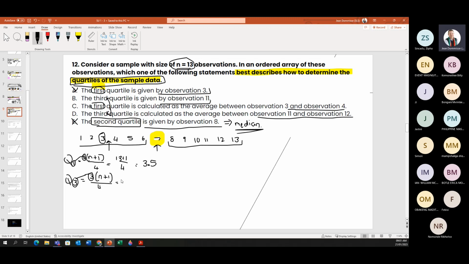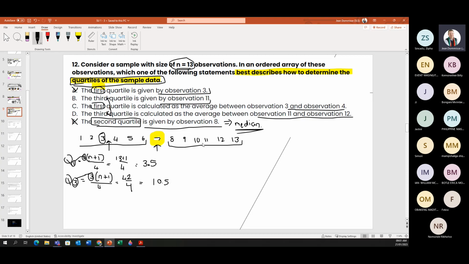Okay, so we know it's 14. So 14 times 3 is 42, divided by 4. That gives us 10.5. The third quartile is given by observation 11.